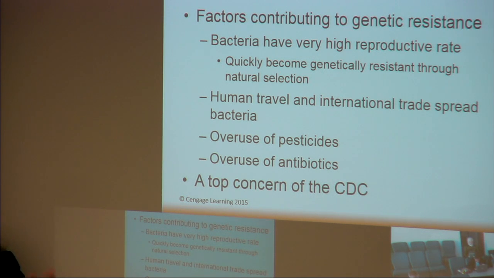Actually, if they used it less often, they were seeing just as good, if not better, results. So it's always important to read the instructions, whether you're taking antibiotics or pesticides. How much are you supposed to use and how long are you supposed to use it for? Because if you don't use it for the duration, there is a possibility of not all of the bad guys being killed and they're going to repopulate again.